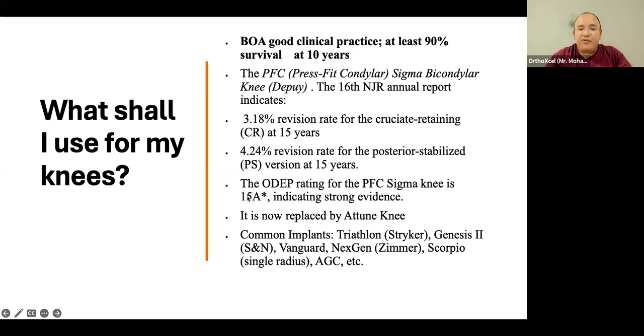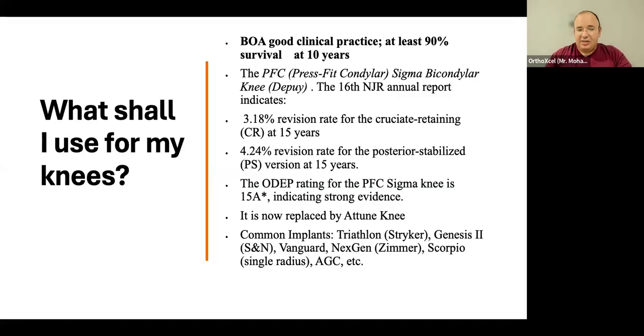The number means the number of years which this implant is in the market. The letter is saying A, B, C according to the rate of revision of this implant within the last 10 years, and a star means this rate of revision is supported by evidence, not only statistics.